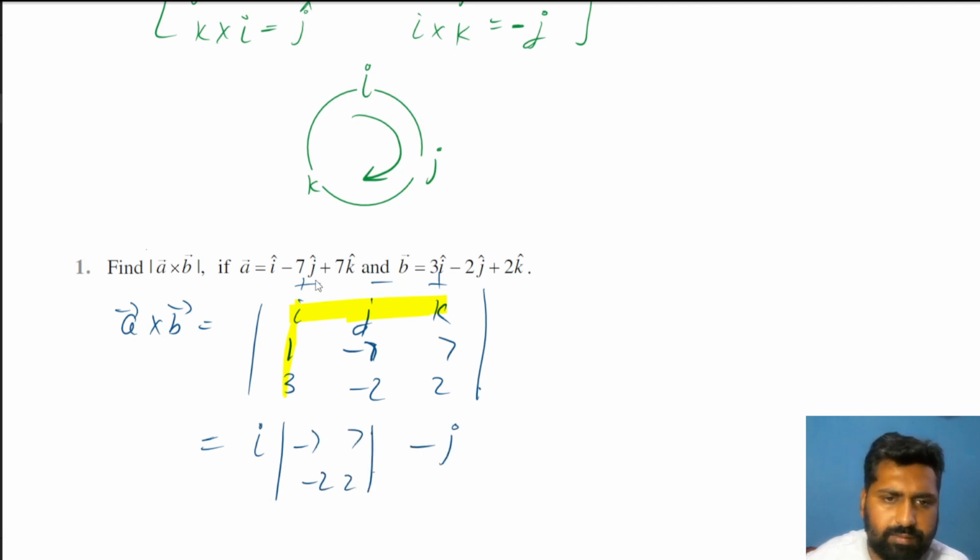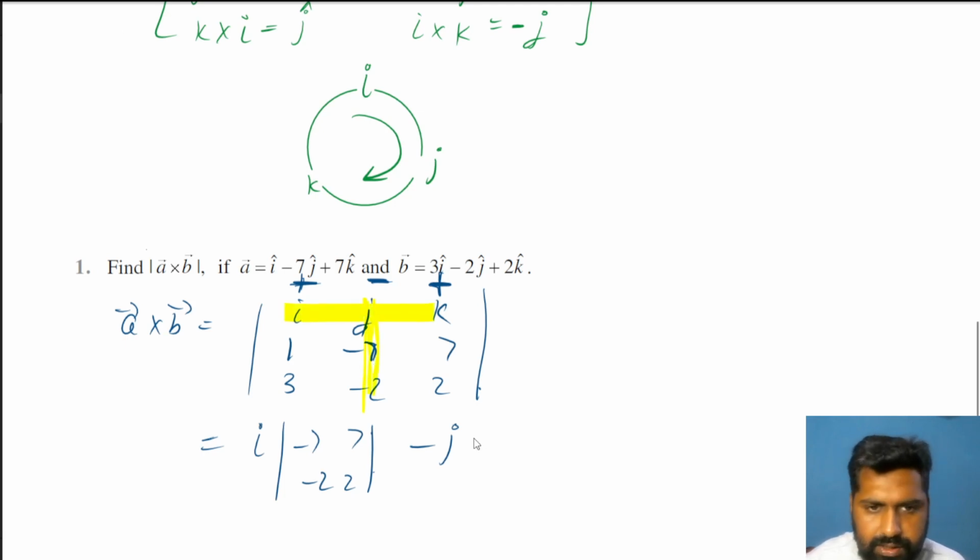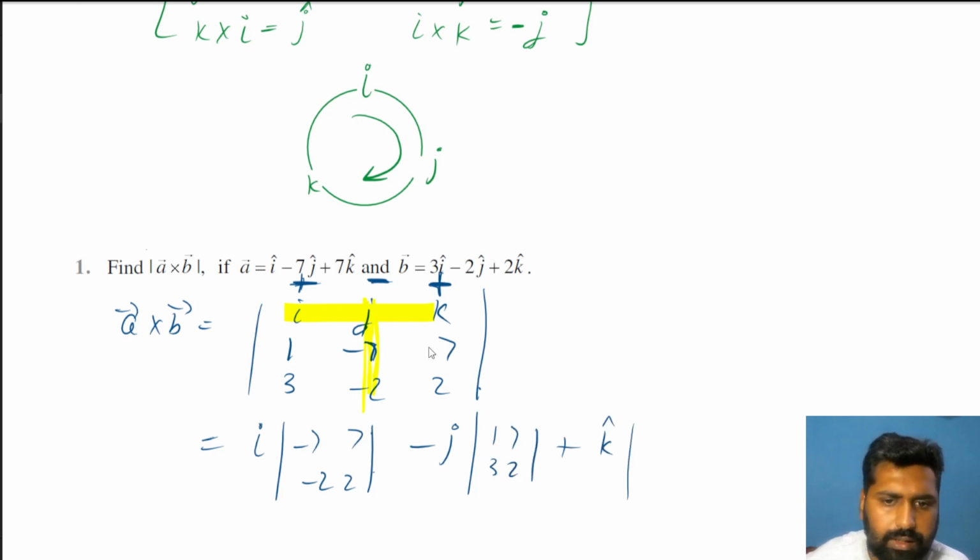Then minus j: i is opened with plus, j is opened with minus, this is opened with plus. Then you do it with j, determinant of 1, 7, 3, 2, plus k, you have to open that with the same process.